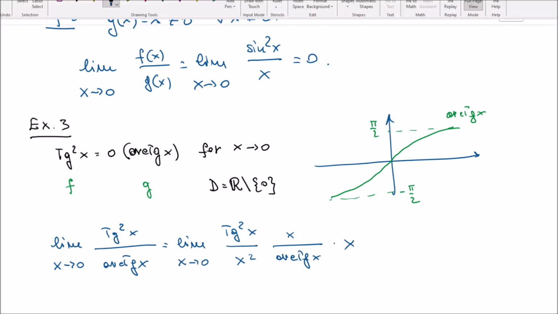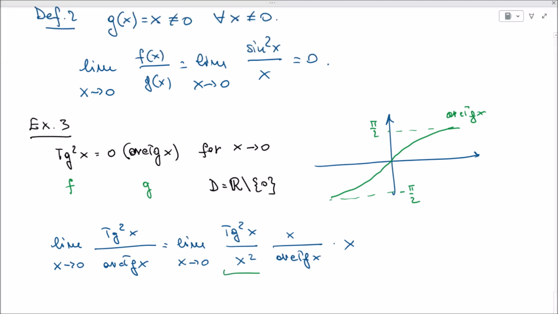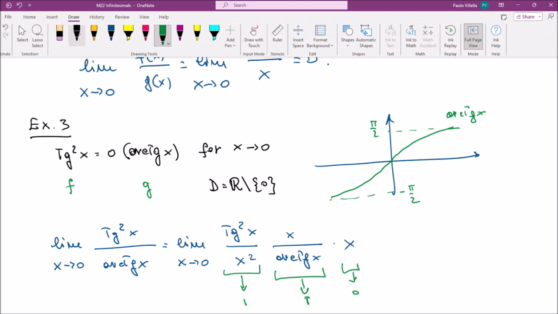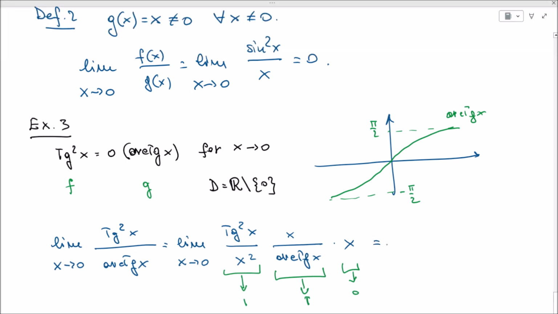And we immediately recognize the fundamental limits. This is 1, this is 1, this goes to 0. So this finally proves that this limit is equal to 0. Okay, so that was easy.